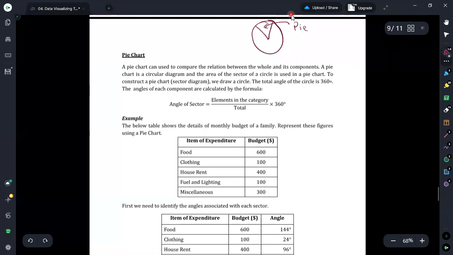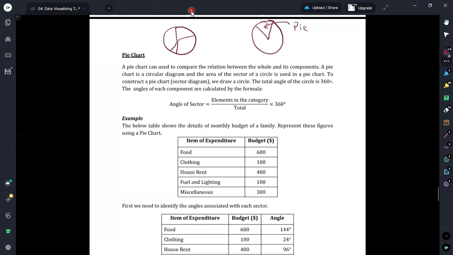Therefore, we'll use this concept to obtain the pie chart. Once you obtain the pie chart, it would be a figure like this. It is just you are dividing a circle into some sectors using an appropriate method.